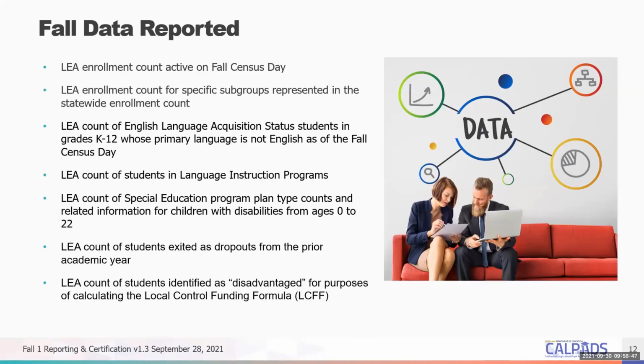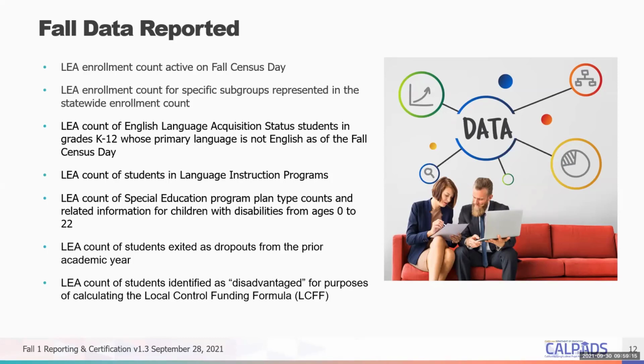A count of your students in language instruction programs, that's relatively new. A count of the special education program plan types for students with disabilities, whether they are in IEP, ISP, IFSP, or even those students that are pending evaluation. And then a count of students exited and resulted in dropout.